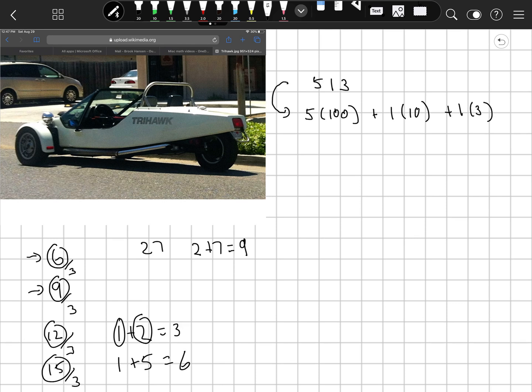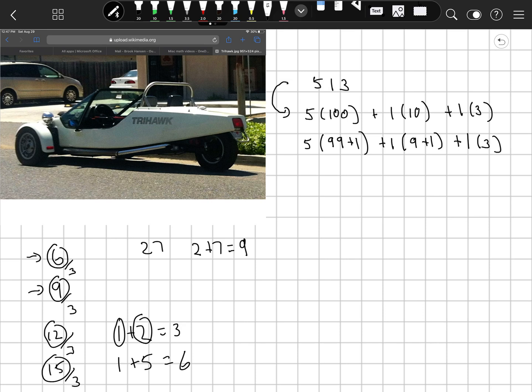So this means the same thing as that, 5 hundreds plus 1 ten plus 3. Now we're going to just adjust the 100 a little bit. Instead of 5 hundreds, we're going to go 5 times 99 plus 1. Okay, 99 plus 1 is 100. And we're going to go 1 times 9 plus 1. And we'll go 1 times 3.